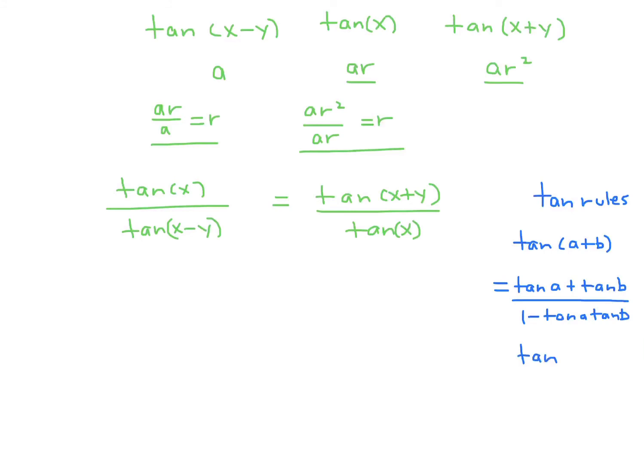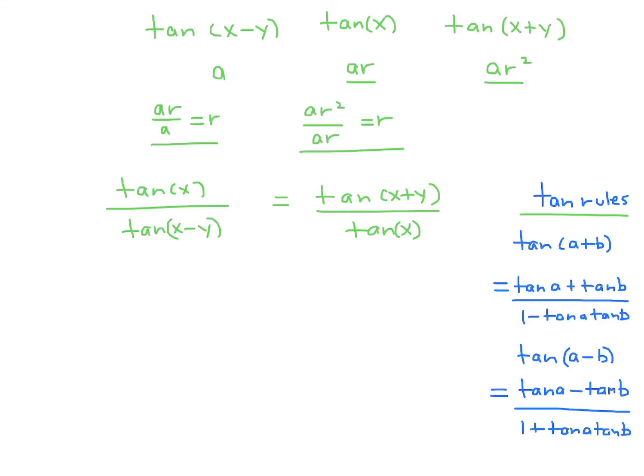And the tan of A minus B is tan of A minus the tan of B all over 1 plus the tan of A tan of B, like that. Okay? So let's use those tan rules and proceed with our question.